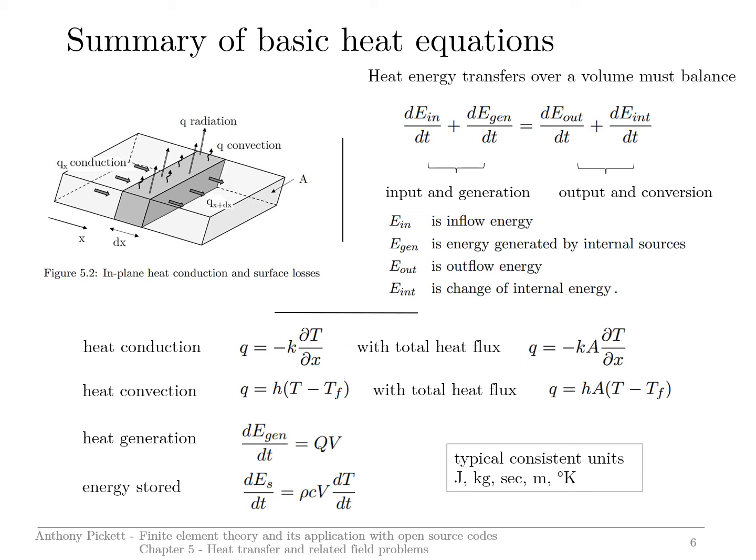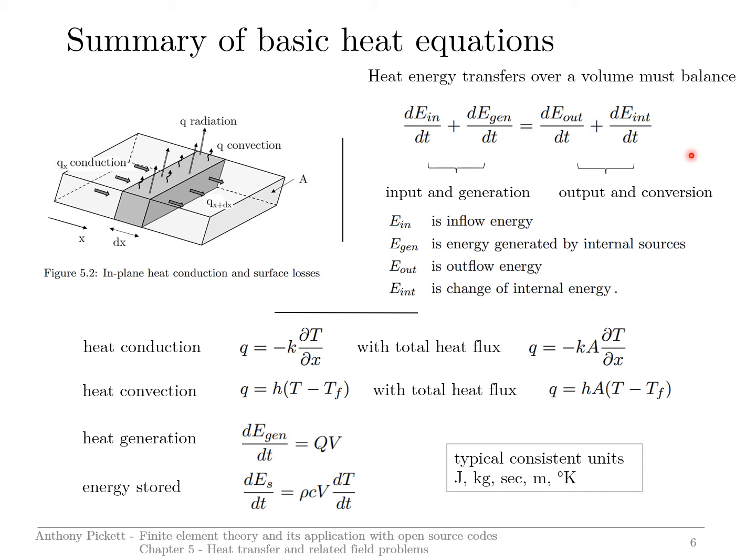There is also a possibility to have flow of heat from the surface as an imposed flow of heat. Convection is also a kind of imposed flow of heat, but it depends upon the surface properties and the difference in temperature between the environment and the surface itself. On the top right here, we have other important equations we will be using.